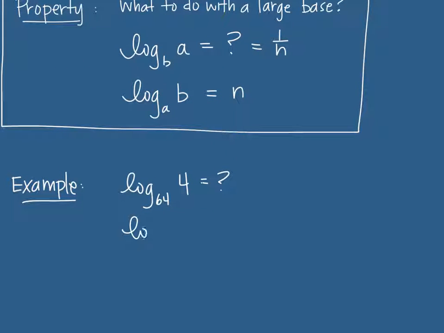So try switching it and putting the 4 as the base and the 64 that way. Hopefully that's easier. I know my math fact there: I know the row of 4, and I know the value of 64. The answer to this one is 3. So then the answer to the top one is going to be the reciprocal.